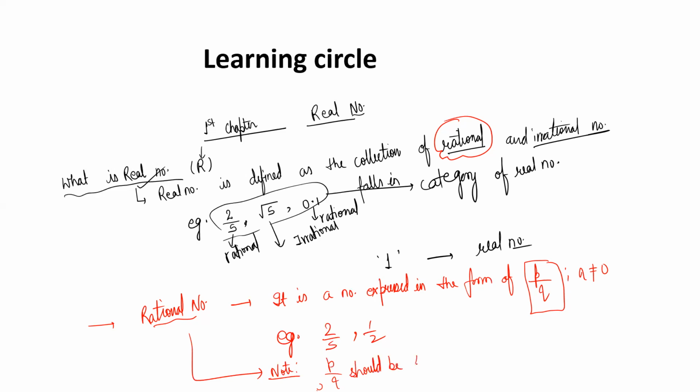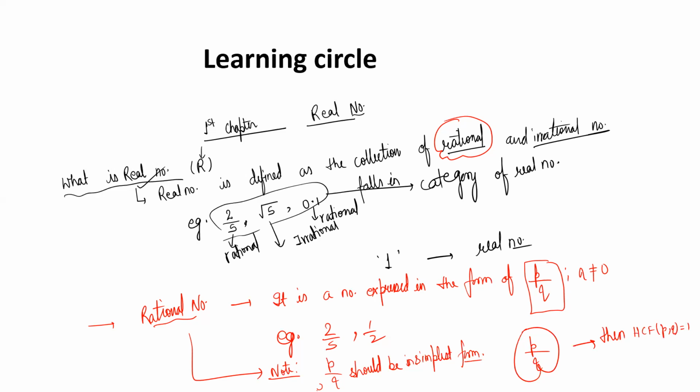Simplest form simply means if you take p and q, they have only common factor 1. It means if p and q are in simplest form, then HCF of p comma q is nothing but 1.